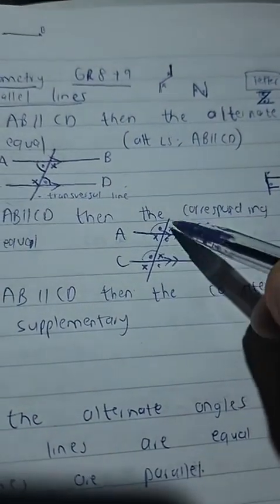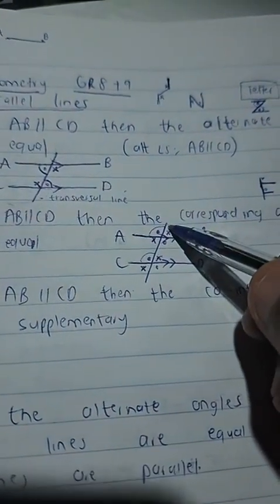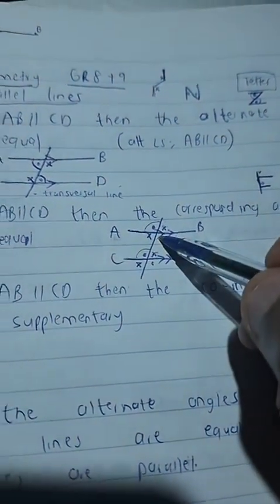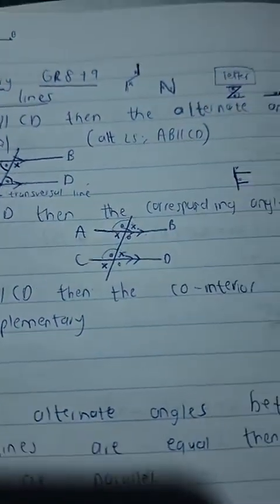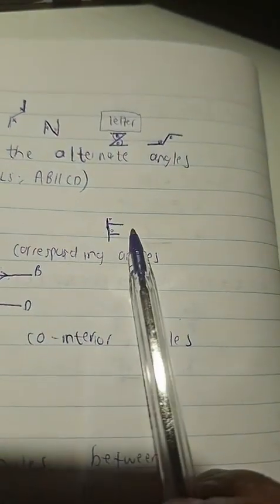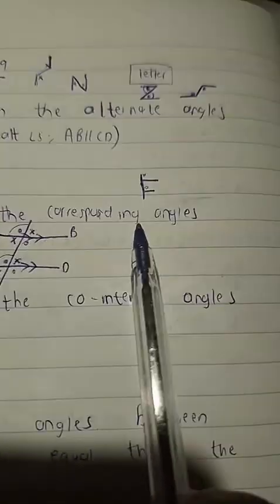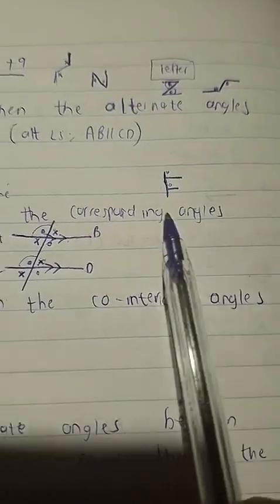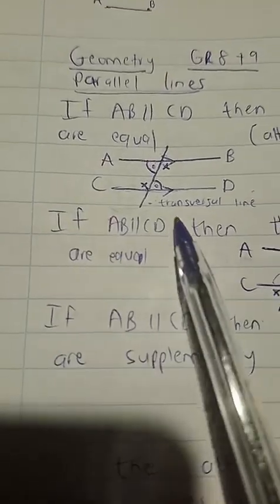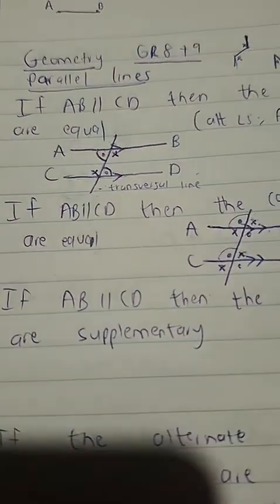Top, we are equal, corresponding angles. Bottom, we are equal, corresponding angles. So I hope you understand, guys, that our F shape gives rise to what we refer to as corresponding angles, and they are only equal, those corresponding angles, if the lines are what? Are parallel.